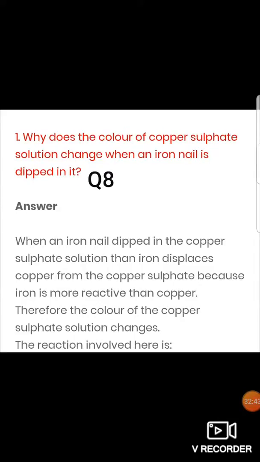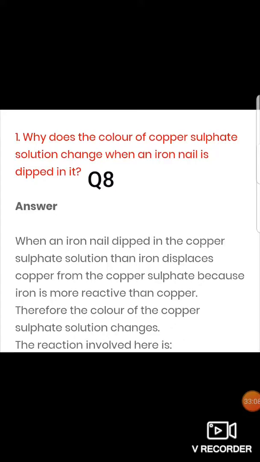Why does the color of copper sulfate solution change when an iron nail is dipped in it? When an iron nail is dipped in the copper sulfate solution, iron displaces copper from the copper sulfate because iron is more reactive than copper.